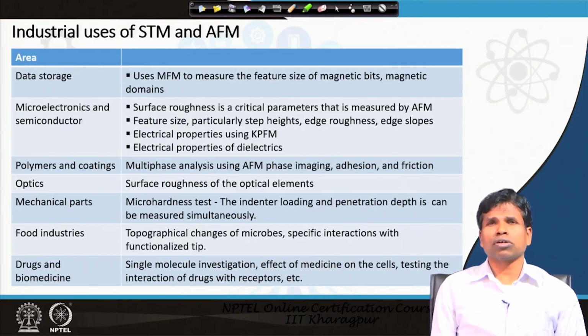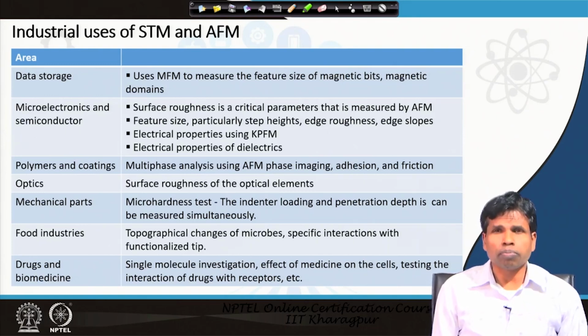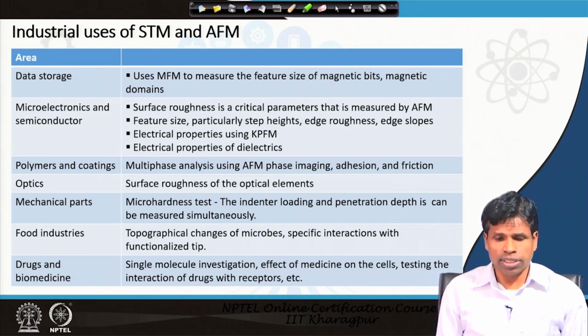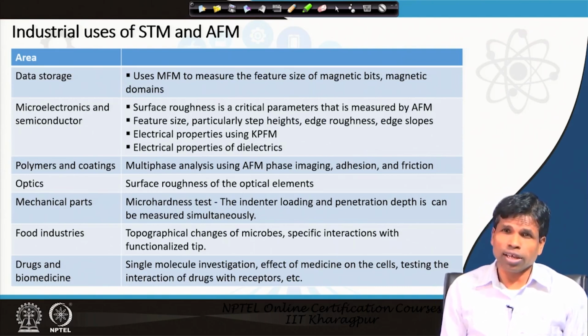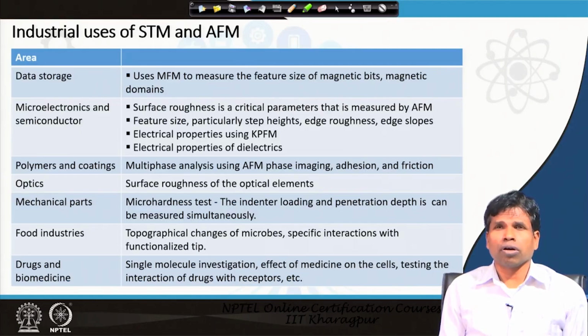It also can be used in the food industry to study biological molecules, microbes etc., and how they interact with different types of chemicals which can be functionalized at the tip. Because AFM and STM allow measurements to be done in a liquid medium or in any environment such as air, any type of material which has water content, biological molecules etc., can be studied using scanning probe microscopy.